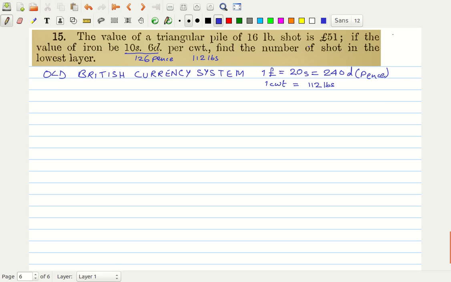Now what they are telling you is that they have spent £51 on the complete triangular pile. So we can find the total weight of iron in this. We know that £51 is equal to 51 times 240 pence.